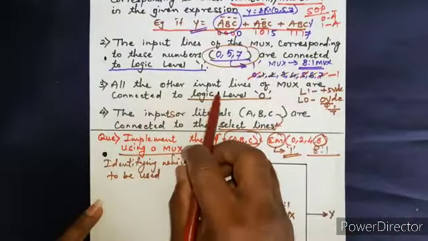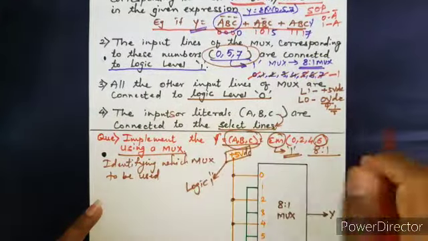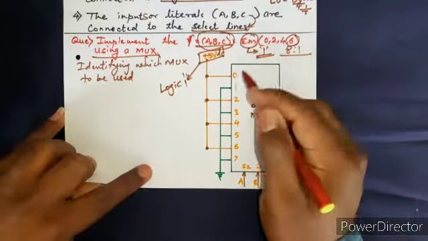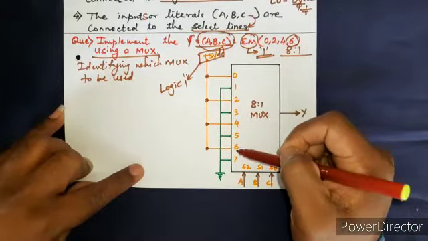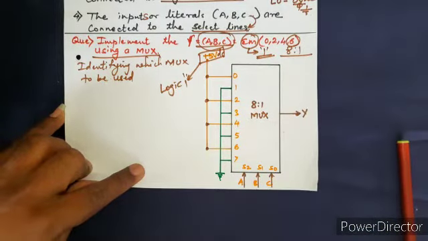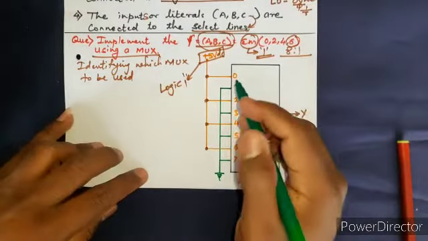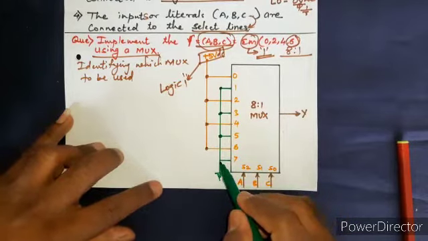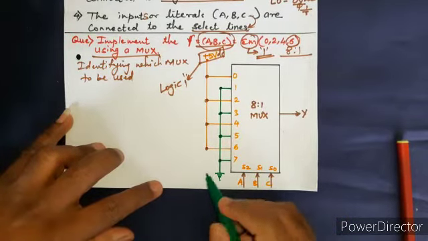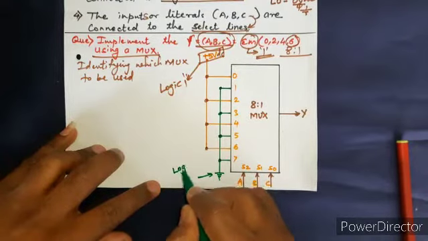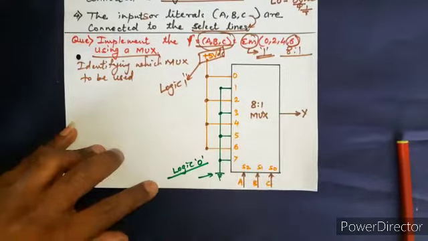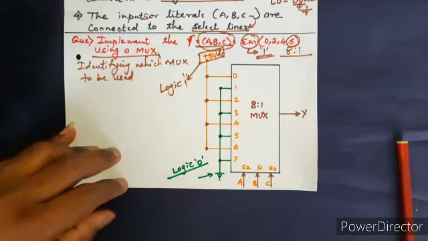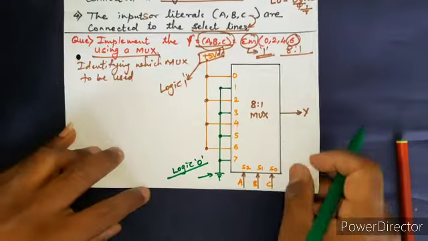And then the next step is all the other input lines of mux are connected to logic level 0. So except 0, 2, 4, 6, all others are connected to logic level 0, or they are grounded. So this 1, 3, 5 and 7 are simply grounded, which means logic 0.